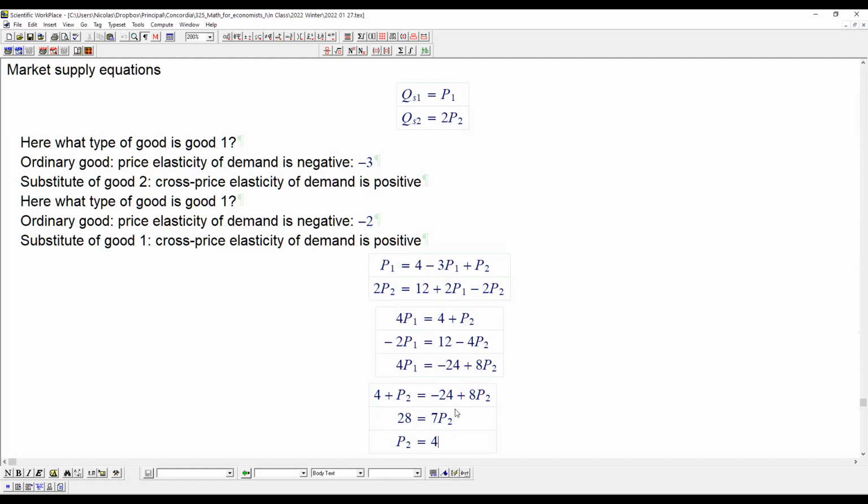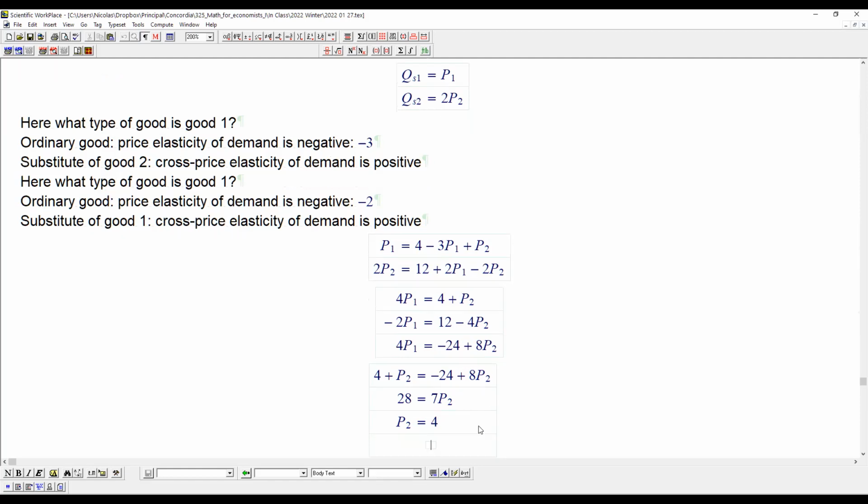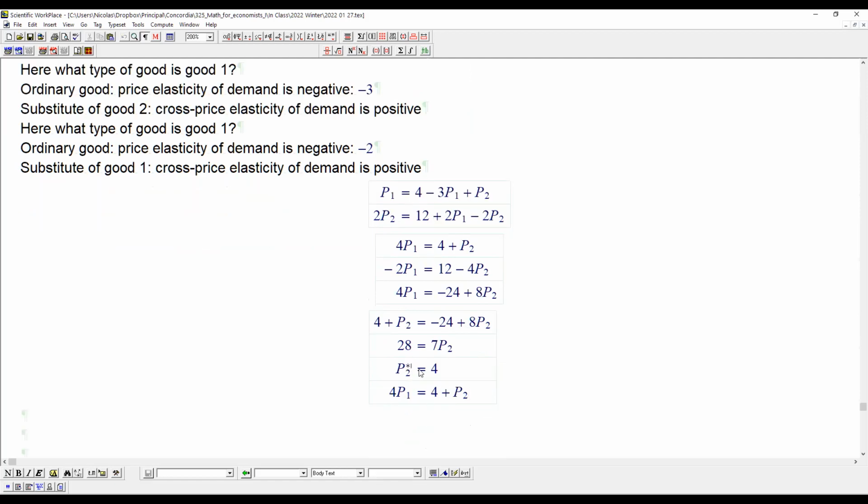This is a risk for me to give problems that take a few operations at the exam, because for sure people make computation mistakes all the time. I'm totally aware of it. So that's P2 equals 4. So I can put this there. And then P1 equals 8 divided by 4. So 2.